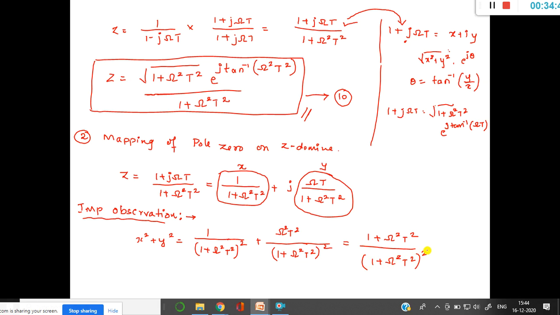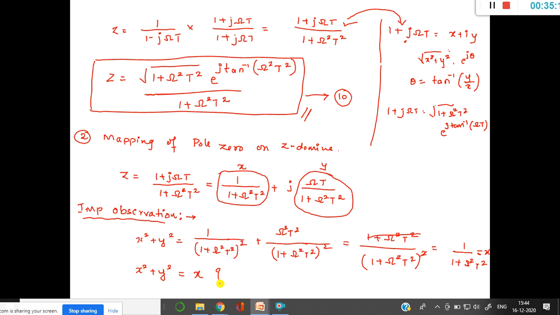It is going to cancel, and I can write this as 1 divided by 1 plus omega square T square, which is nothing but x. So when I perform x square plus y square, I am getting once again x.